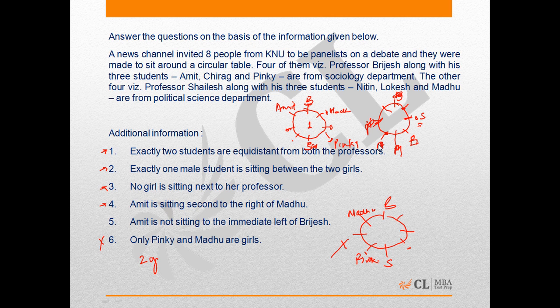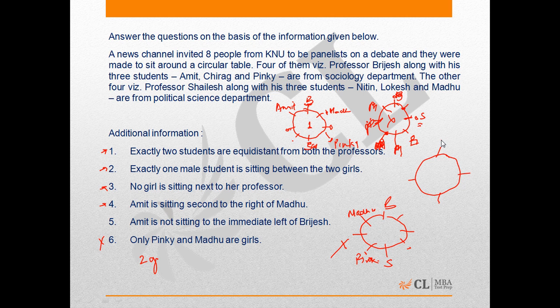Now coming to the next possible position, that is Madhu here and Pinky there. This is not possible again because Pinky cannot sit adjacent to Brijesh. So if Madhu is there and Pinky is there, then again it is not possible because there would not be any place for Amit.